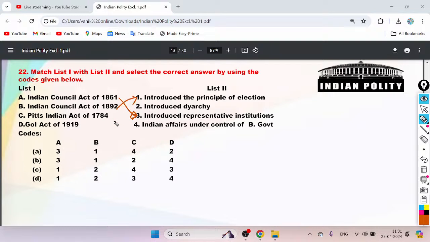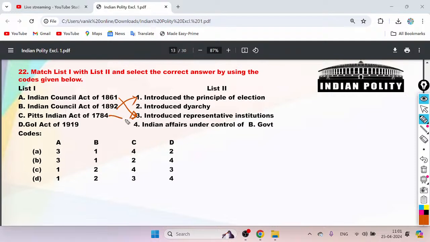1892 introduced the principle of election. Although the word election was not used, it enabled the Indians to nominate some members to central and provincial legislative councils. Hence, it is said that 1892 introduced the principle of election. But remember, the word election was not used.